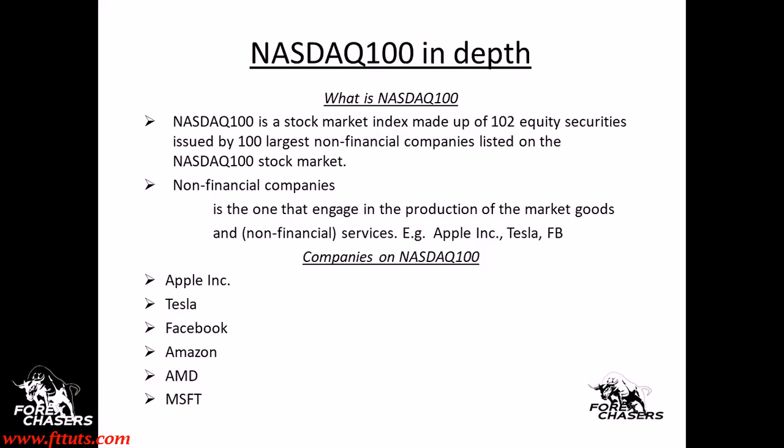But there are other companies also involved in Nasdaq. These are the top ones with the most influence, so these are the ones we focus on most when trading Nasdaq: how is Apple performing, how is Tesla performing, how is Facebook performing, just to see a general overview of what we have technically and fundamentally.